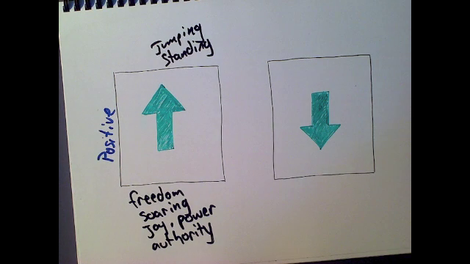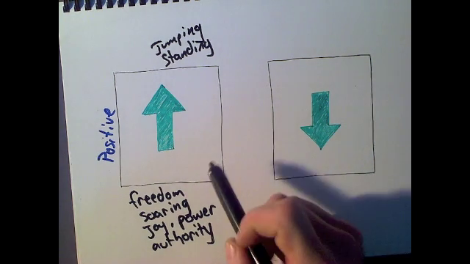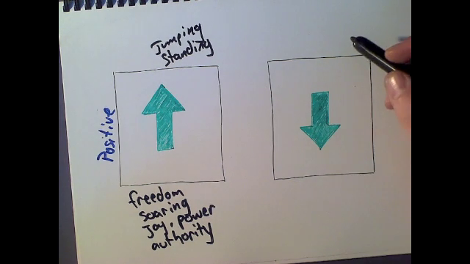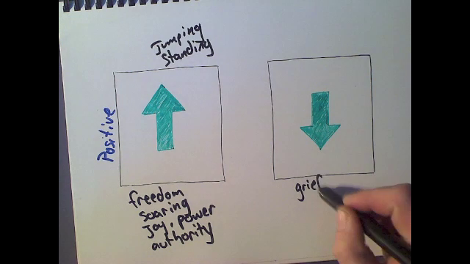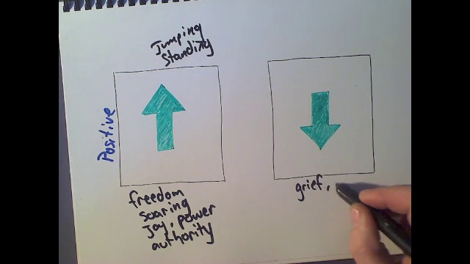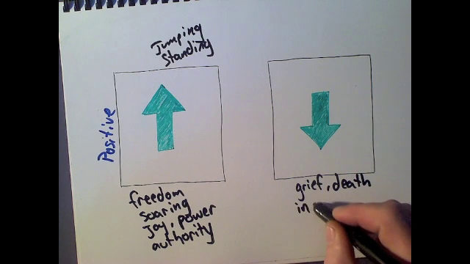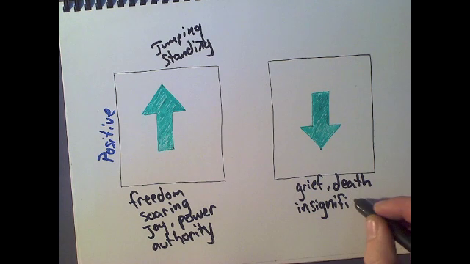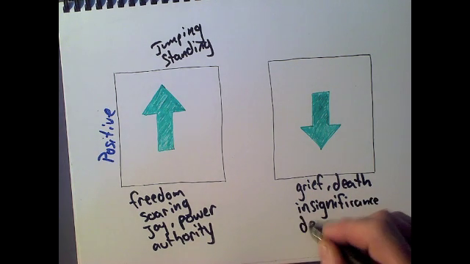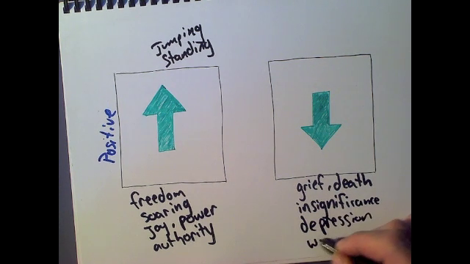movement. Now, just like this, moving down the screen is opposite of moving up the screen. So this would suggest things like grief, death, insignificance, depression, or weakness.